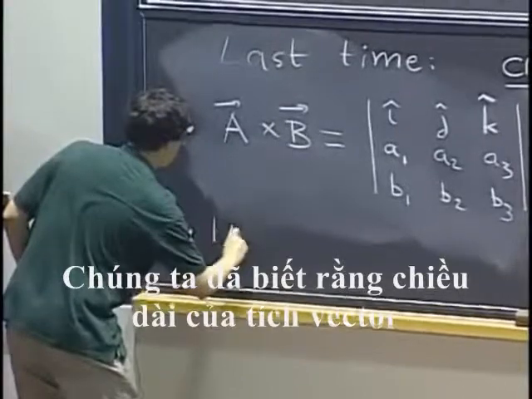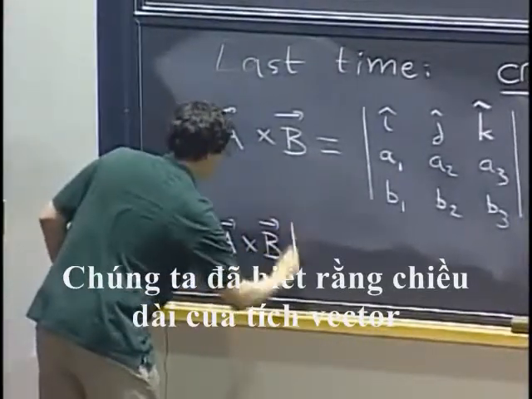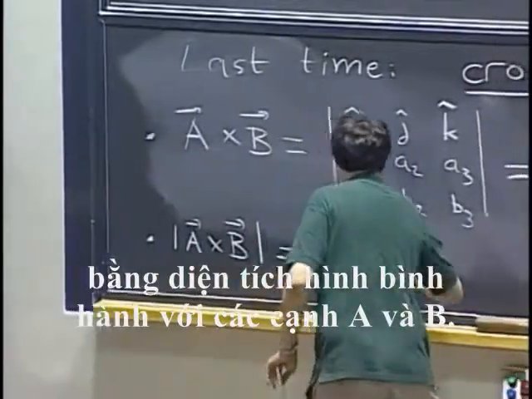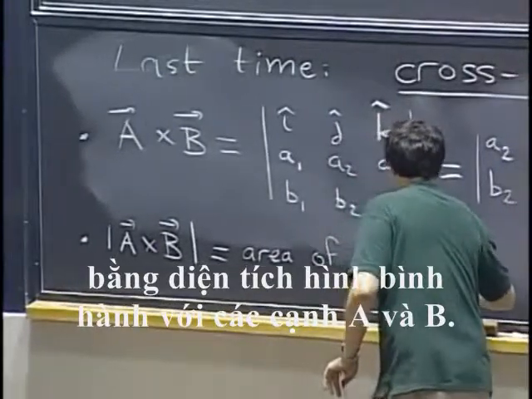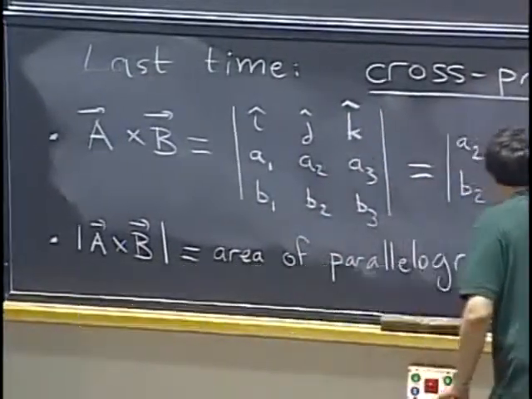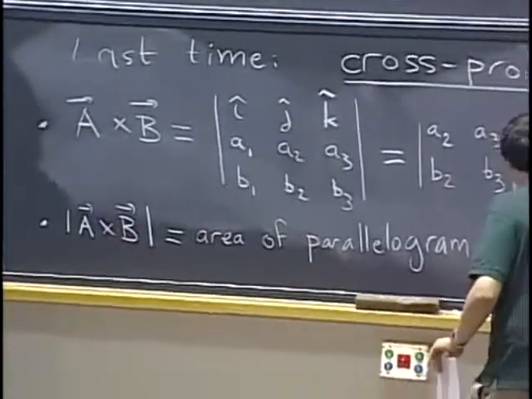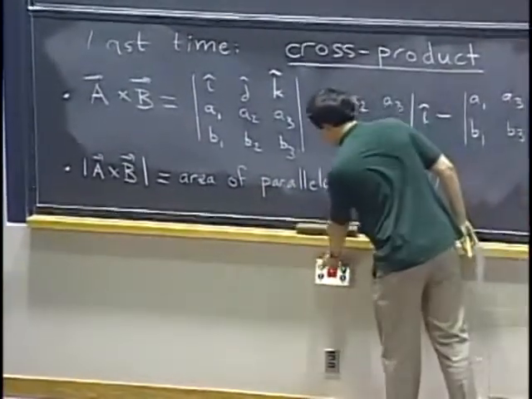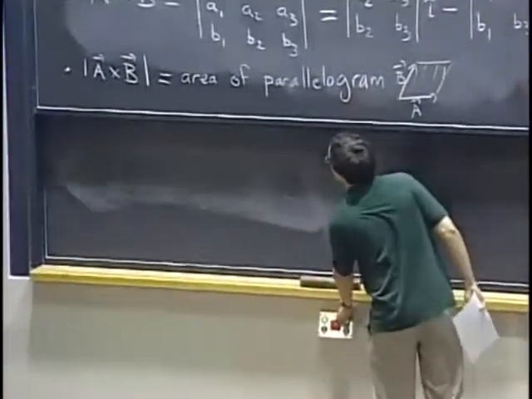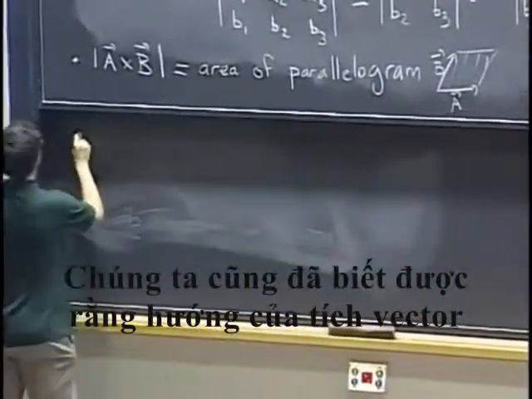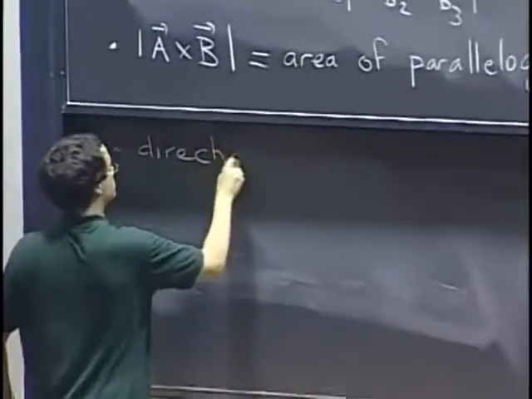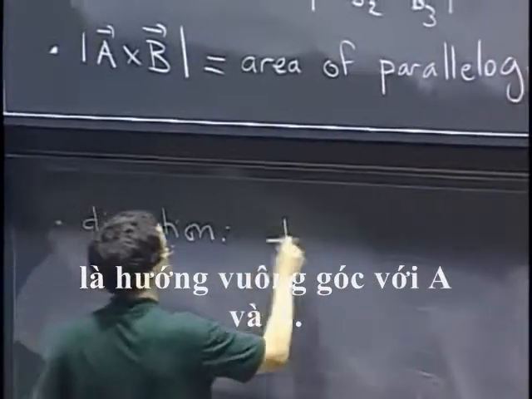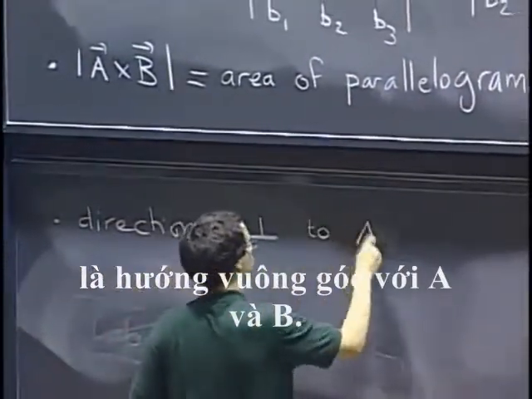So we've learned that the length of the cross product is equal to the area of the parallelogram with sides A and B. We've also learned that the direction of the cross product is given by taking the direction that's perpendicular to A and B.